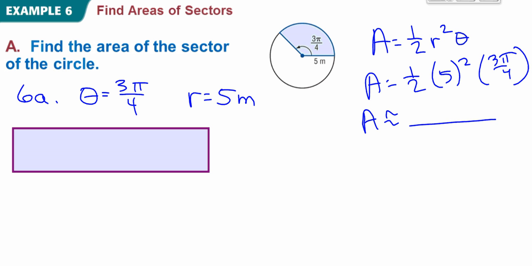Let's see. 25 times 3, 75 over 8 pi. And then what is it as a decimal to the nearest tenth? 25.9. What is my label? Yes, meters squared, square meters, because we want to be careful and it's area, so we square that as we go.